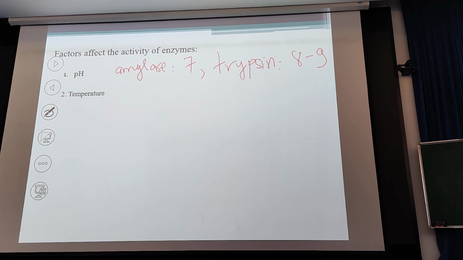The next factor is temperature. The rate of reaction increases up to a maximum, which we call the optimum temperature. After the optimum temperature, which in our human body is around 37 degrees, the rate of reaction falls quickly because the bonds maintaining the structure of the enzyme start to break, and the active site will lose its shape because of protein denaturation, right?